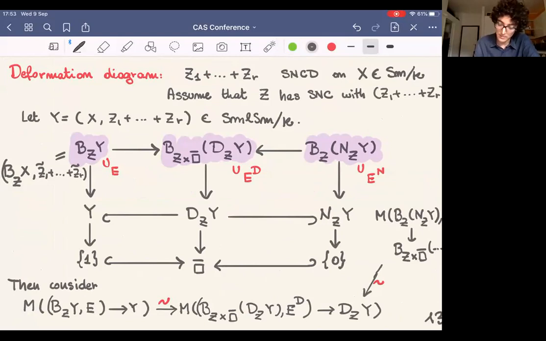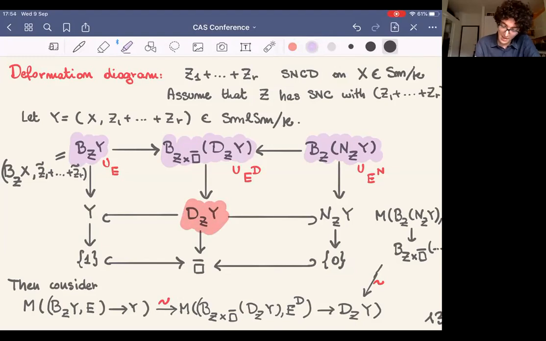Let y be the log scheme given by x with boundary Z1, ..., Zr. And let's consider this picture. At the center, we have this affine deformation space. It's a bundle over A1. You have a fiber at 1 and a fiber at 0. The fiber at 1 is y. The fiber at 0 is the normal bundle of z in y.